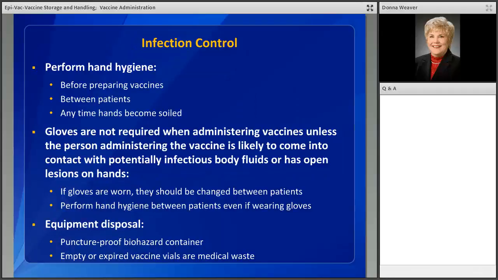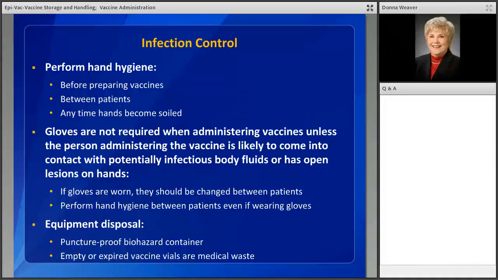Now, I'm sure we all know that we need to take every precaution to prevent infection when performing any procedure. So just as a reminder, hand hygiene should be performed before preparing vaccines, between patients, and anytime hands become soiled. Occupational Safety and Health Administration, or OSHA regulations, do not require gloves to be worn when administering vaccines unless the person administering the vaccine is likely to come into contact with potentially infectious body fluids or has open lesions on their hands.